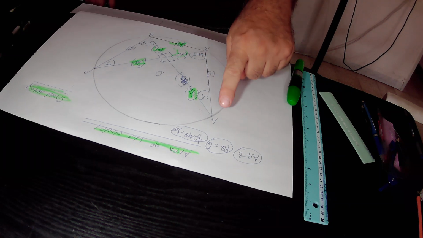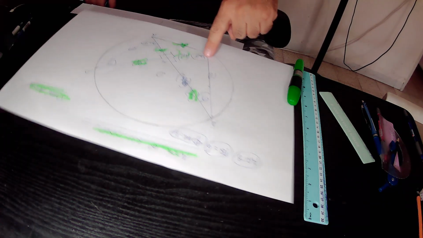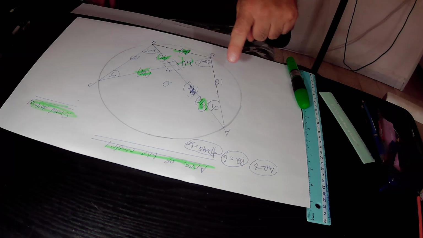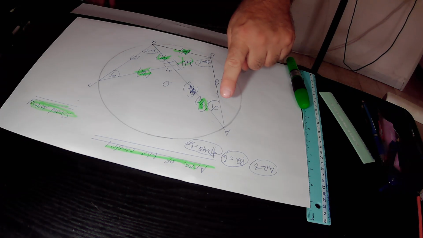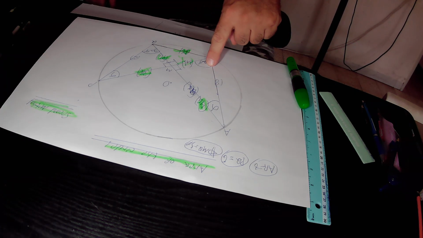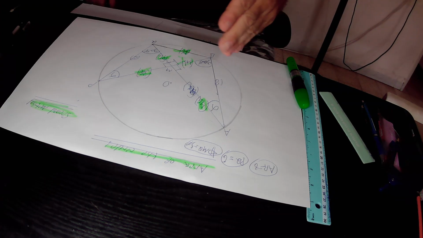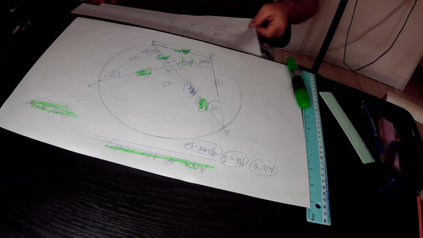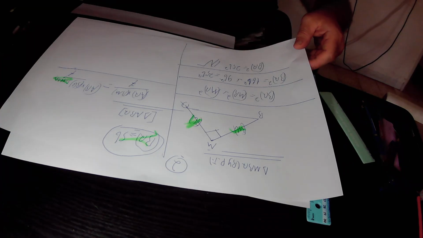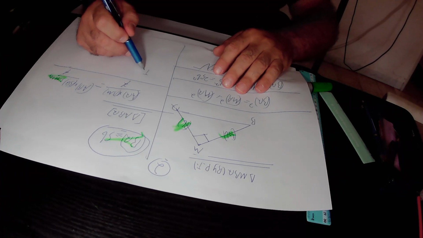Again, it will be AQ over the sine of the angle that is in front of AQ, that is angle ABQ. So AQ over sine angle ABQ equals 2R, and 2R is the diameter of this circle that encloses triangle ABQ. So according to the law of sines, the following equation is true.